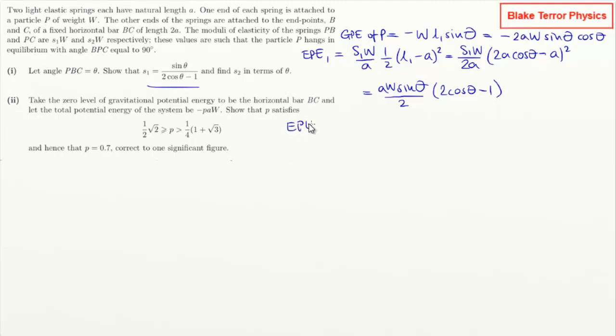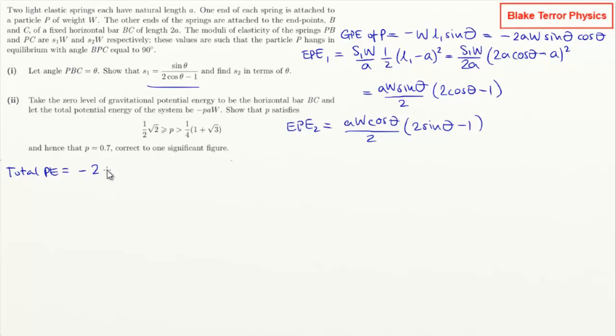So EPE2 is going to be easier to do. It's going to look pretty much the same, except I'm going to have a cos theta, and I'm going to have a 2 sine theta minus 1. Okay, so the total potential energy is all of this stuff.